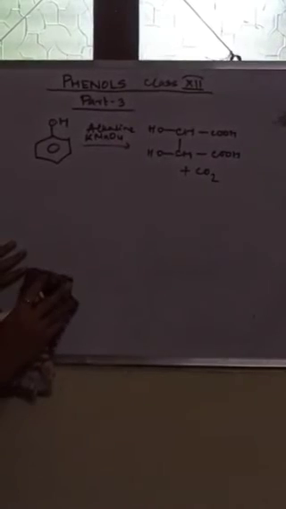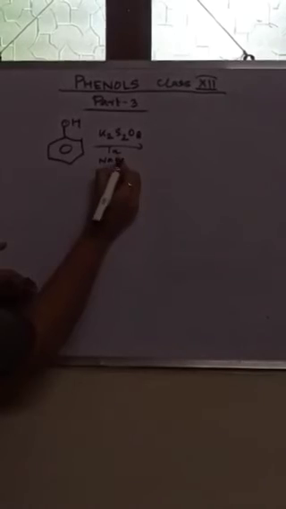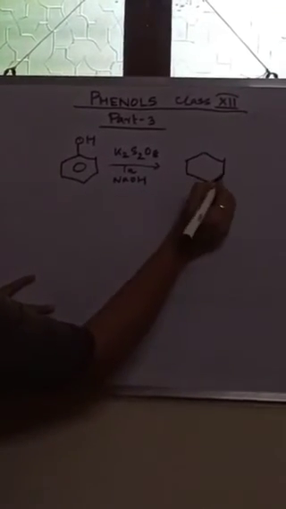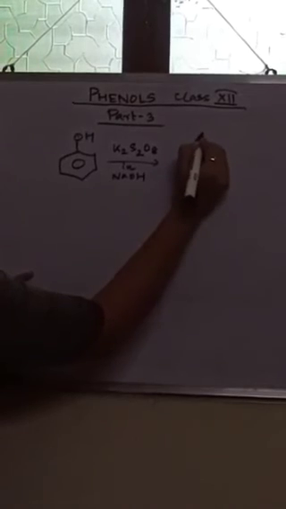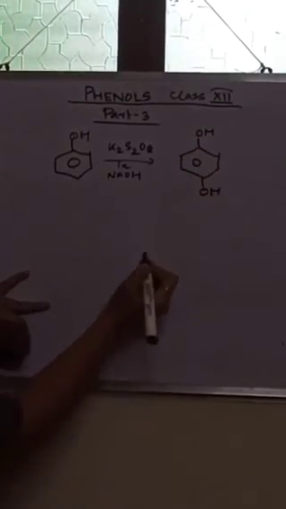Okay. The next process is oxidation by alkaline potassium persulfate. When phenol is treated with alkaline potassium persulfate, a new OH group is preferentially placed at the para position.